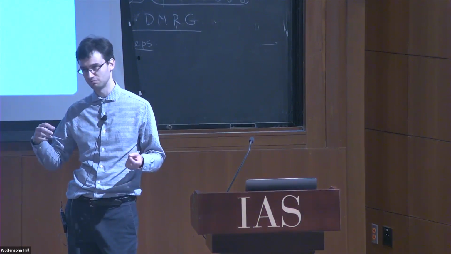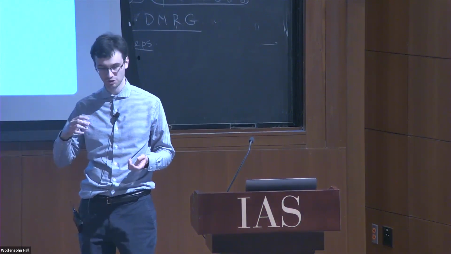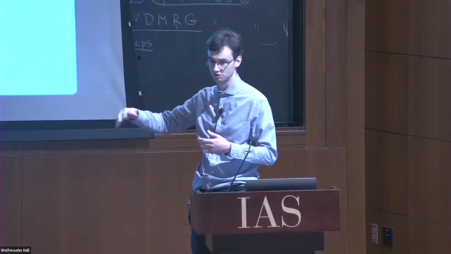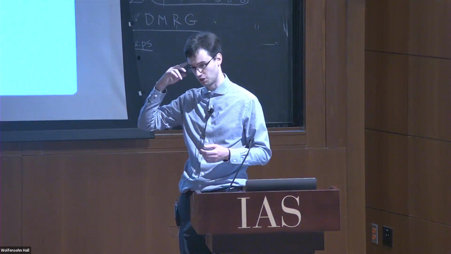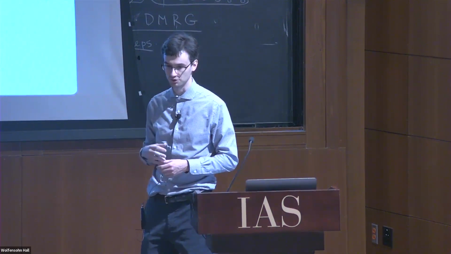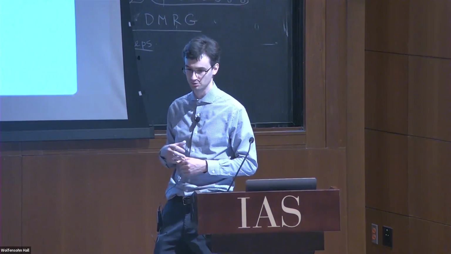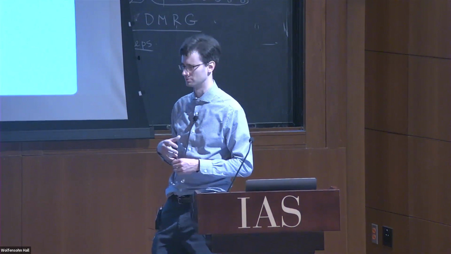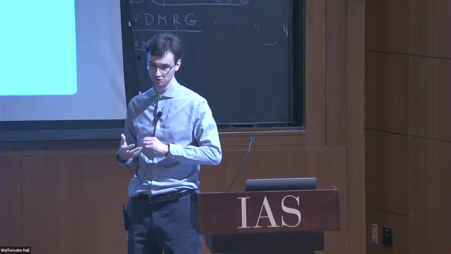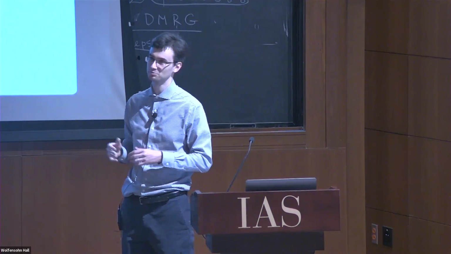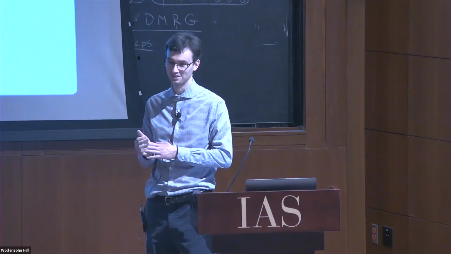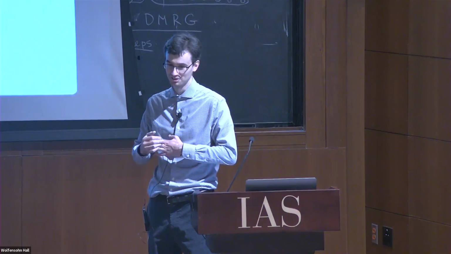To deal with it, you can increase this number m, which we truncate with, with the size of the chain. Or there are other methods. One of them is called MERA, multi-scale entanglement renormalization ansatz, which is designed to work with critical systems. But the short answer to your question is, whatever Hamiltonian you choose, 1+1 is probably going to work.